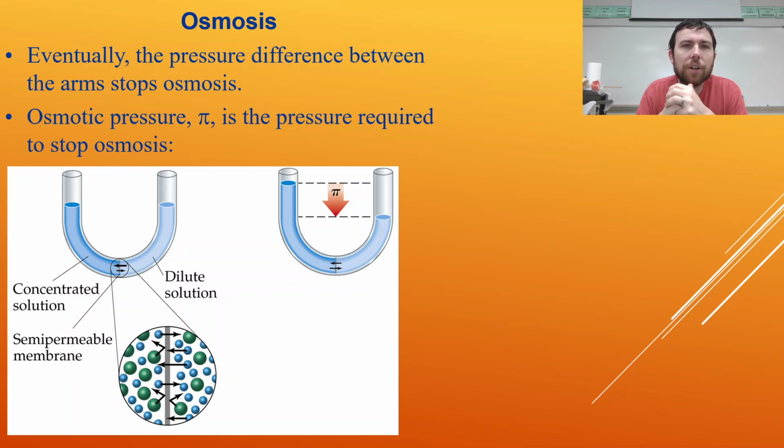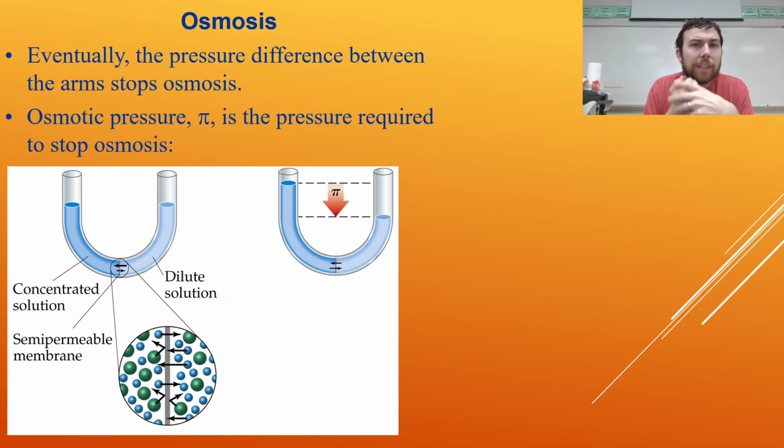So in osmosis, there's going to be a shift. Like if we look at this tube, you've got a concentrated and a dilute solution. What's going to happen is that the solvent's going to move over to the side that's more concentrated.